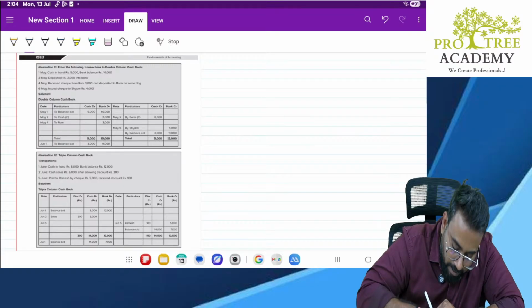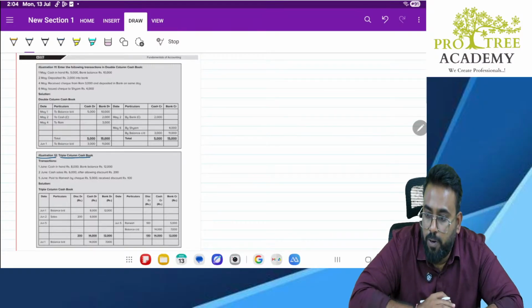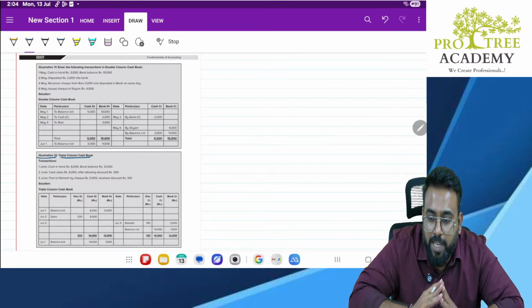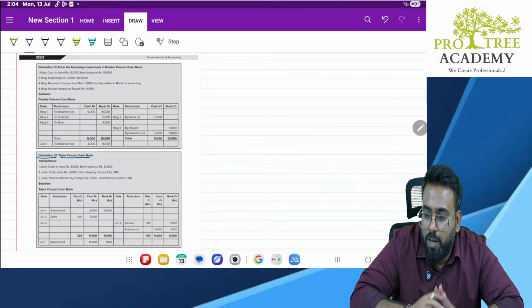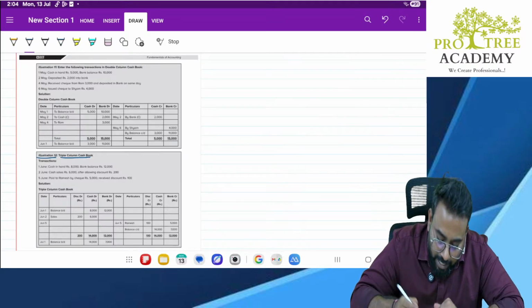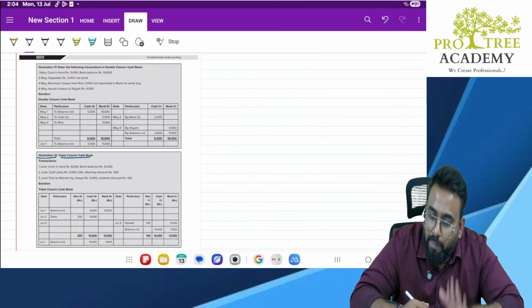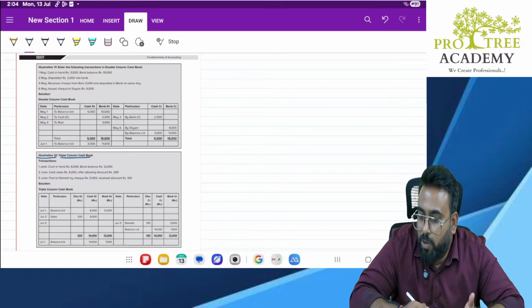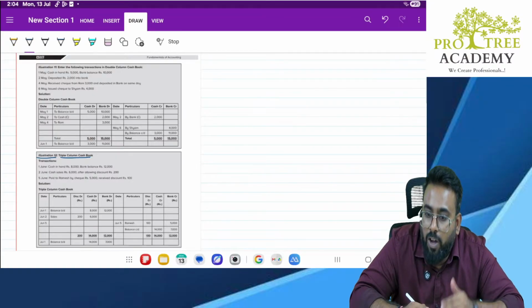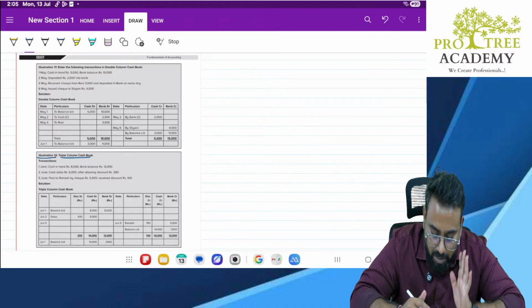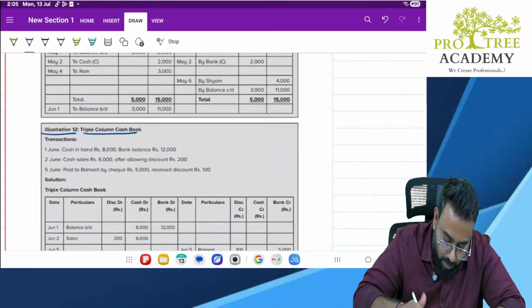Let's straight away take triple column cash book. If you understand triple column cash book, it is the same with the double column or single column. Only thing is, in triple column cash book, there will be discount, bank and cash. If there is no triple column, then it will be only cash, or cash bank or cash discount or bank discount. First, we will see triple column cash book.